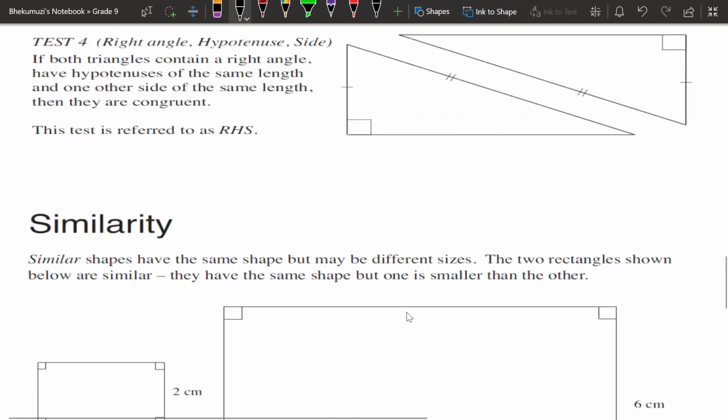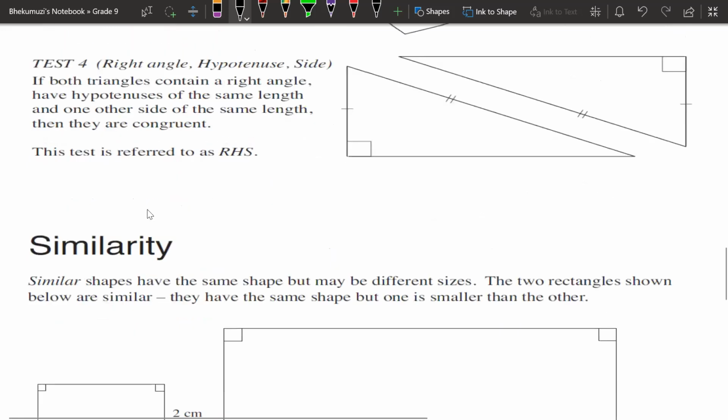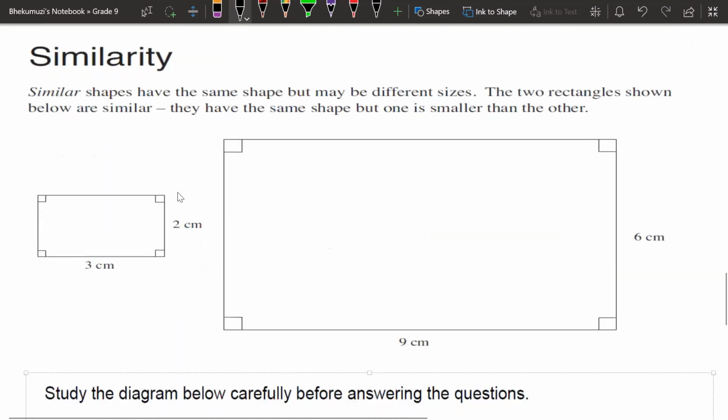And that is where I wanted to say, you must be careful to not think that if you're going to say angle, angle, angle, you're proving congruency. No, you're only proving congruency whenever you say it's angle, angle, side. And when you're proving similarity is when you are proving that the angles in that particular shape, 3 angles in that shape, are equal to each other. And that would be sufficient to say that it is similar triangles, right?